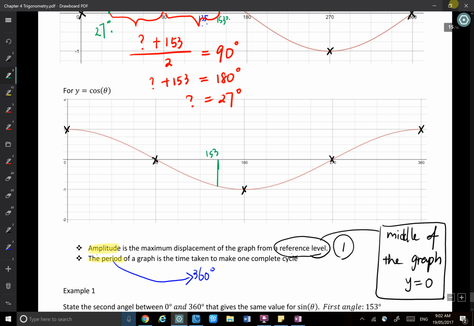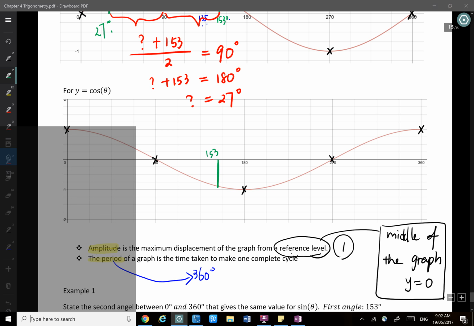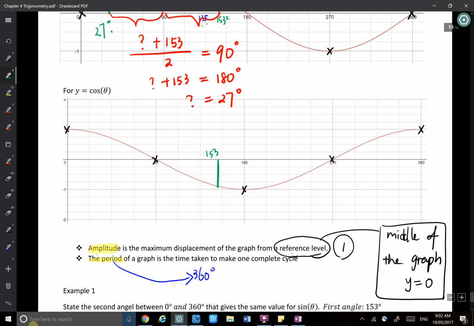153. Okay, you have made a y value here. For that y value, draw a horizontal line. There's another point that gives you the same value, which is the point here. This question mark place.